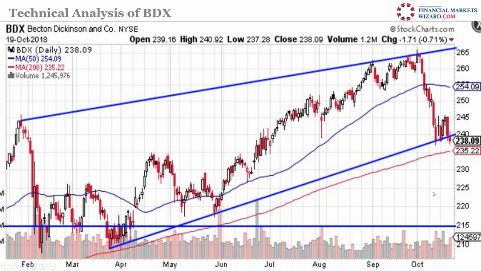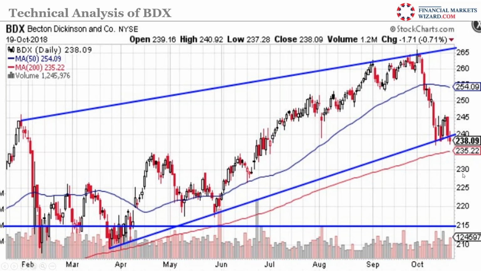If it breaks the 200-day moving average, I don't see support till here, which is around 228. This is the support from where the stock made its upward move. And then there's another one at 219, 220, from where the stock made its upward move.